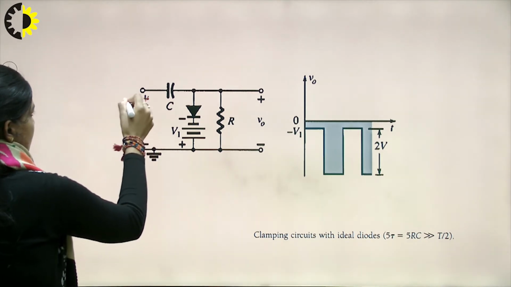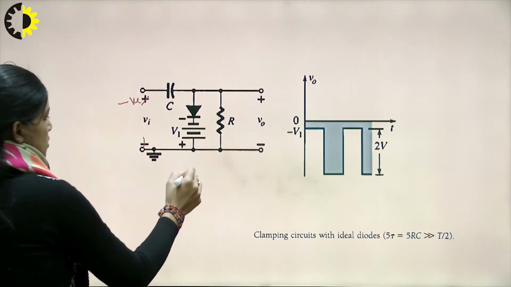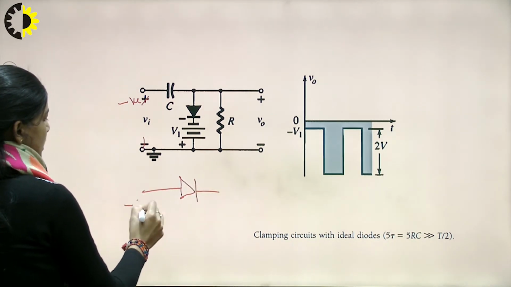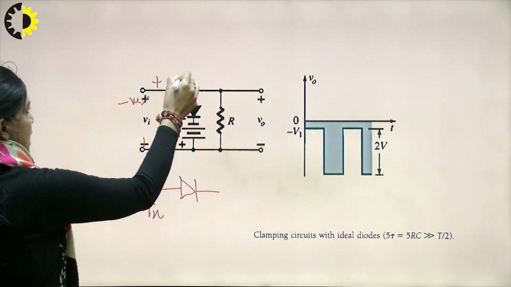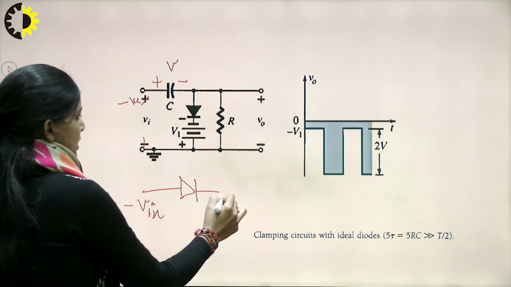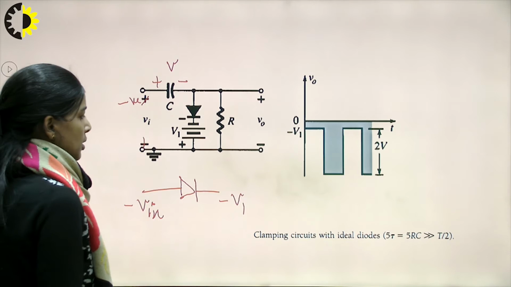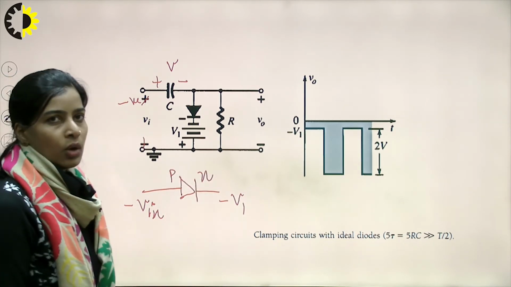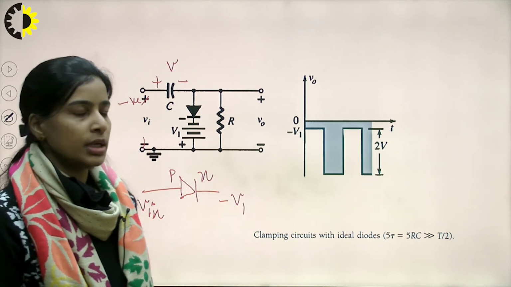here we have negative and here we have positive. So, the diode is now connected to minus V in, and this capacitor was charged to voltage V, and this side is also connected to minus V1. This is P and this is N. Now, on both sides of the diode we have negative voltage.